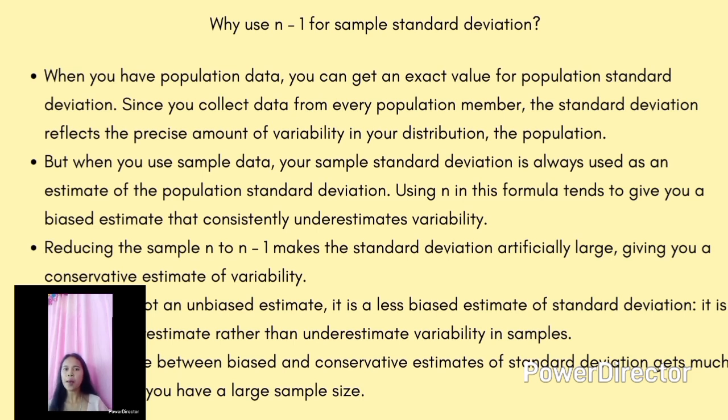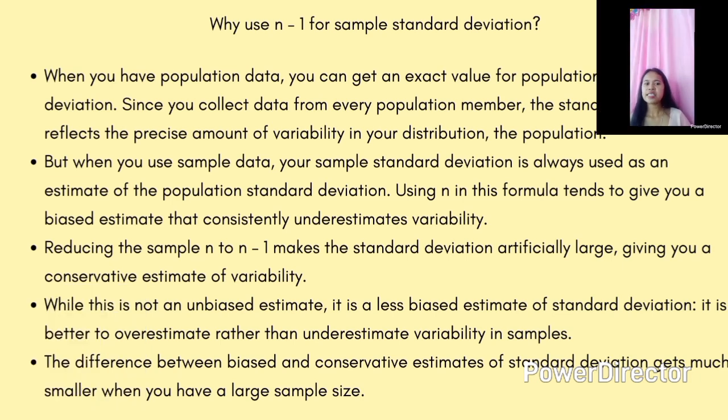But when you use sample data, your sample standard deviation is always used as an estimate of the population standard deviation. Just an estimate. Using n in this formula tends to give you a biased estimate that consistently underestimates. Reducing the sample n to n minus 1 makes the standard deviation artificially large, giving you a conservative estimate of variability.